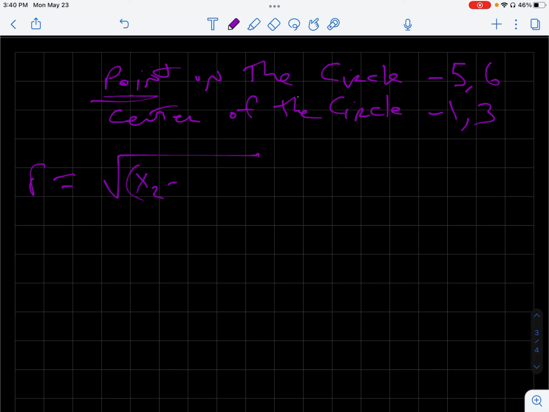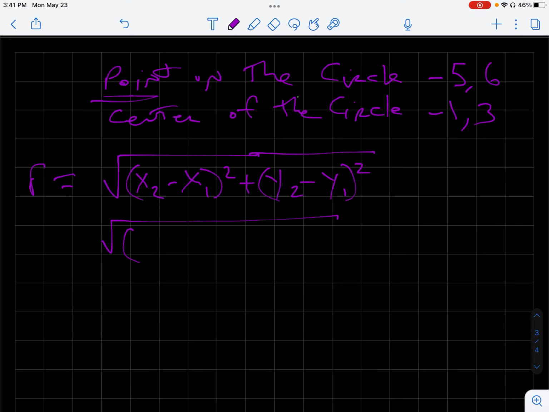And the distance formula is the square root of x2 minus x1 squared plus y2 minus y1 squared. And we, of course, can just plug in the information we have.